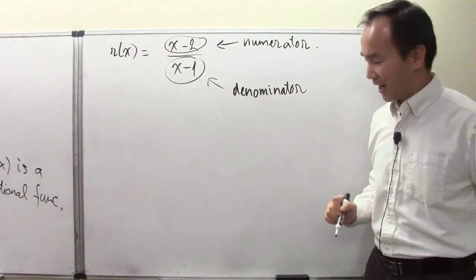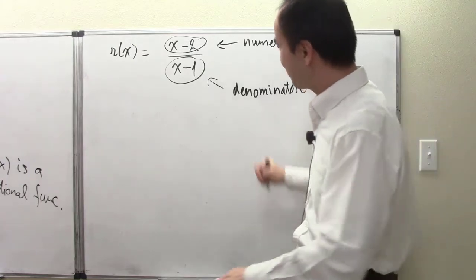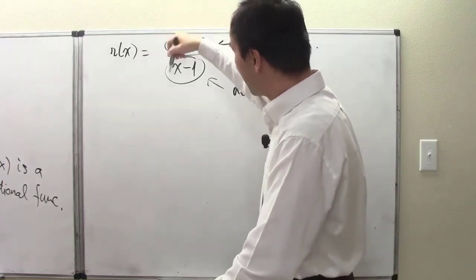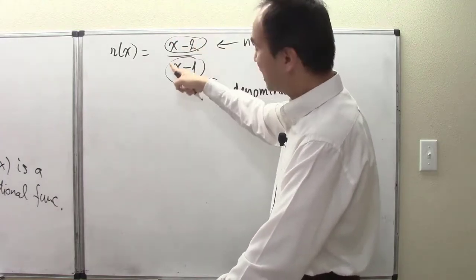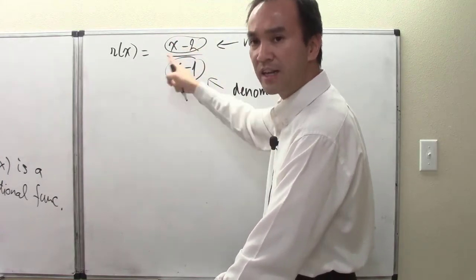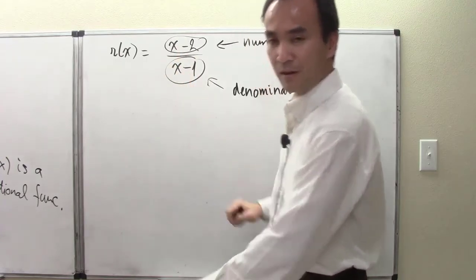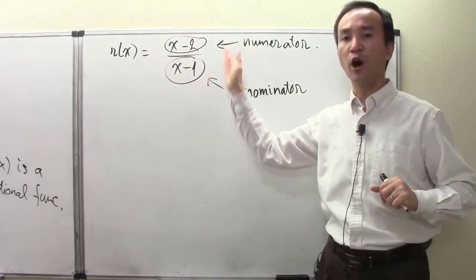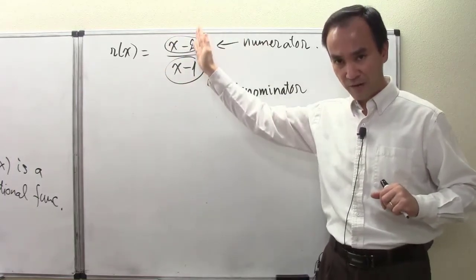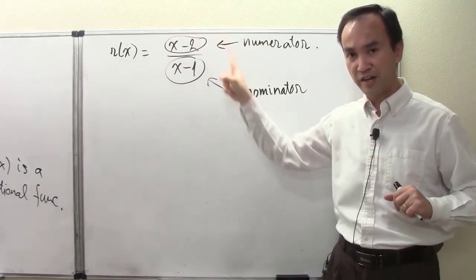So in this way, this is what I'm doing. In the numerator, there is a linear factor, only one of them. In the denominator, there's also one linear factor left. Okay, so after canceling out, we're going to look at the final simplified rational expression and identify numerator and denominator.